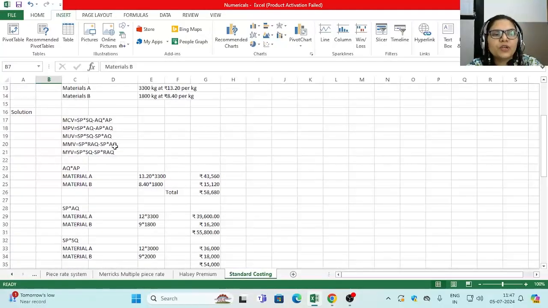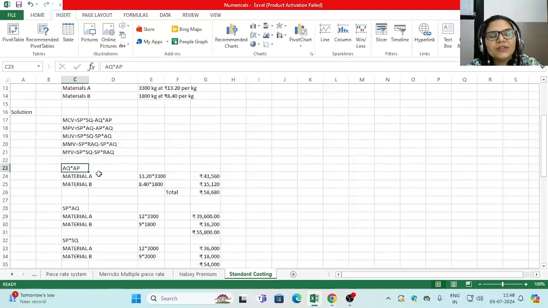So first of all, write down all the formulas and see what values you need to derive in order to fulfill the criteria of your formula. In material cost, we need SP into SQ, AQ into AP. You work out what calculations you need to do and are mostly common in all the formulas so that your calculation will be easy.